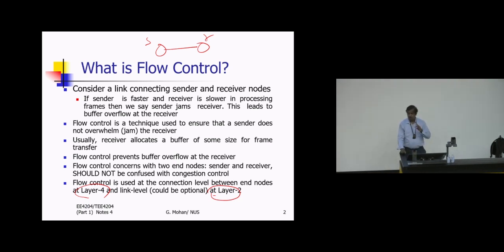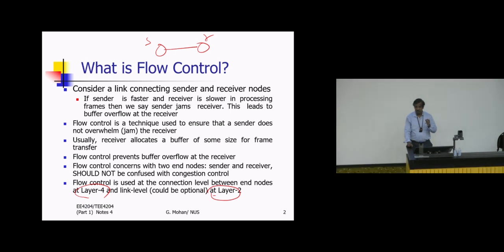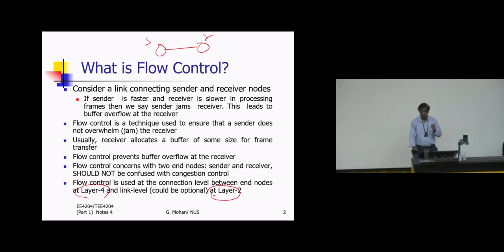Now, there are two things which we need to note: whether we have adequate bandwidth or link data rate to carry these 100 frames to the other side. Yes, we may have adequate bandwidth, there's no issue, but in addition to that, these 100 frames per second need to be processed by the receiver.